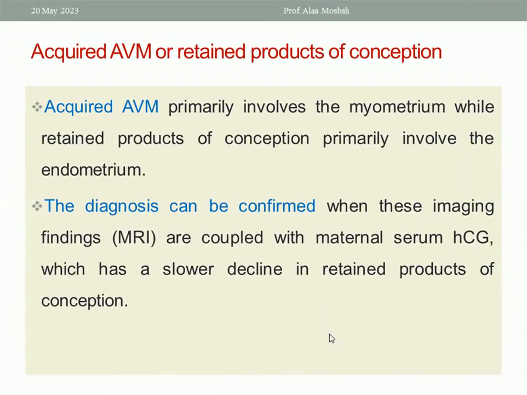So it is important to differentiate acquired arteriovenous malformation in the uterus from retained products of conception. Acquired arteriovenous malformation primarily involves the myometrium, while retained products of conception primarily involve the endometrium. The diagnosis can be confirmed when these imaging findings are coupled with maternal serum HCG, which has a slower decline in retained products of conception.